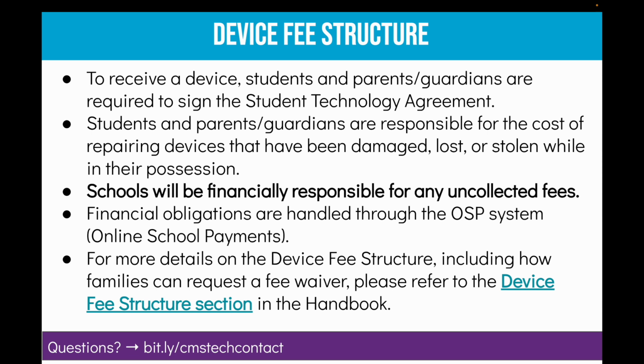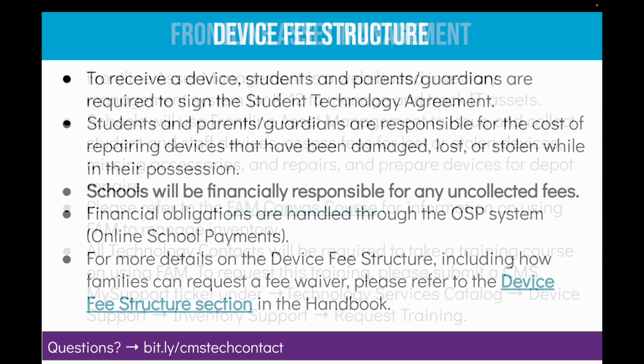A device fee waiver is available to families by request. Families may only be approved for one waiver per school year. Note that schools will be financially responsible for any uncollected fees. For more information on device fees, see the Device Fee Structure section in the Device Management Handbook.